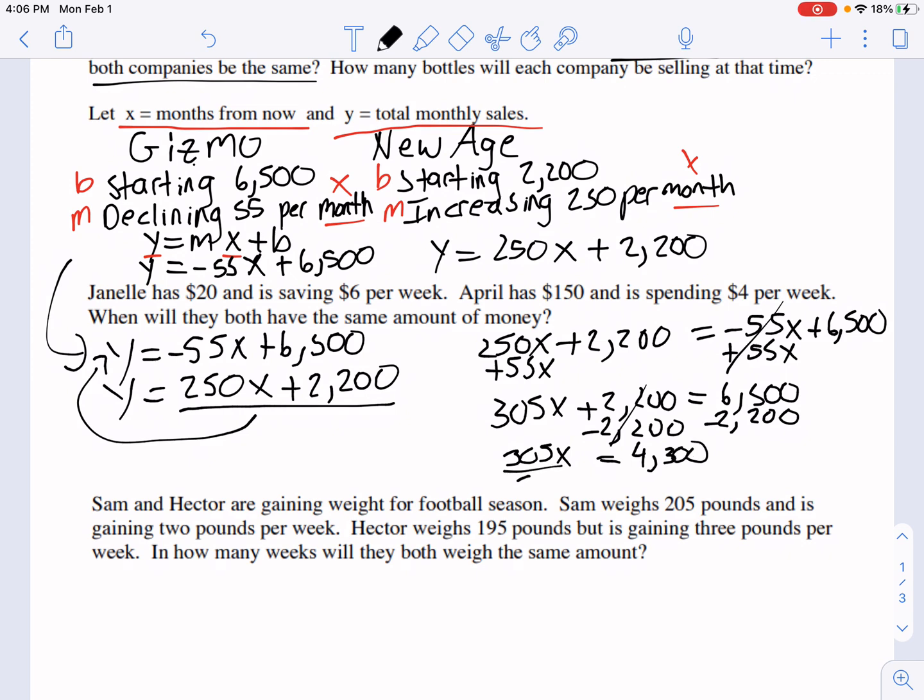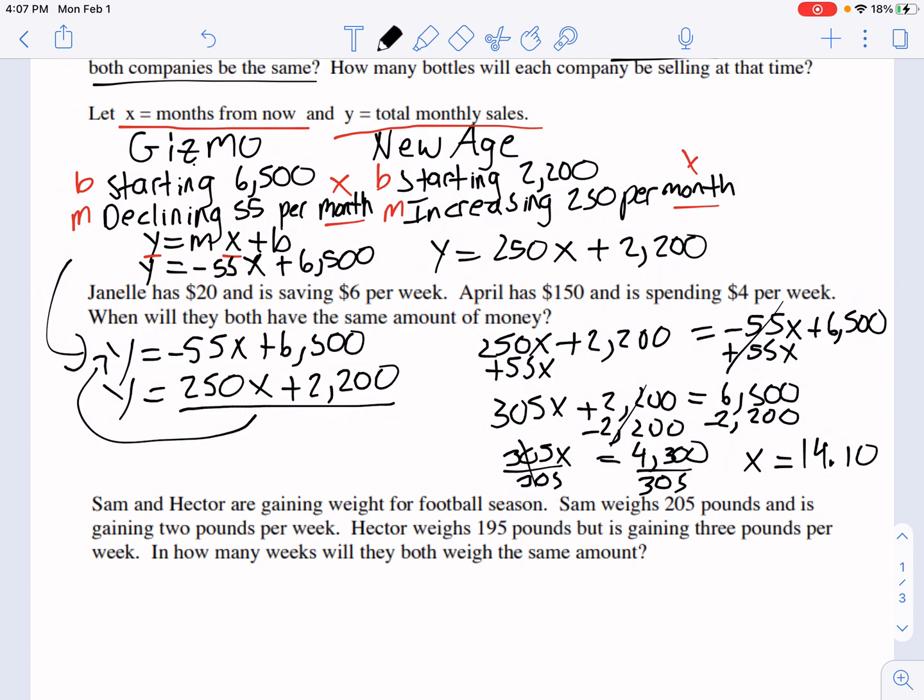Okay, and then dividing by 305 on both sides. Divide that by 305. If you want to use a calculator on this part, that's fine. This guy goes away and we get x is equal to roughly, actually you're going to need a calculator because it's going to come out to be a decimal, roughly 14.10.